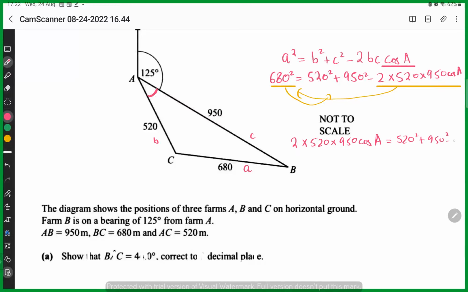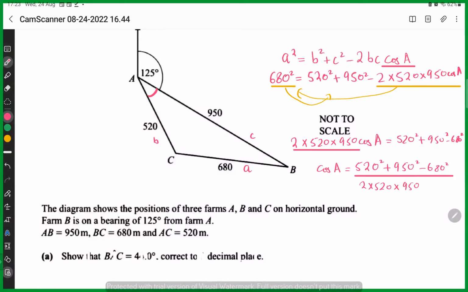Please keep your mics muted. Minus 680 squared. Next, I have this thing being multiplied with cos A, so I will divide it on the other side. And this is going to give me cos of A equals 520 squared plus 950 squared minus 680 squared divided by 2 multiplied by 520 multiplied by 950.